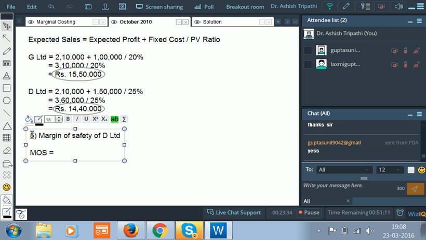Lakshmi, Sunil, are you there? What is the formula for margin of safety?